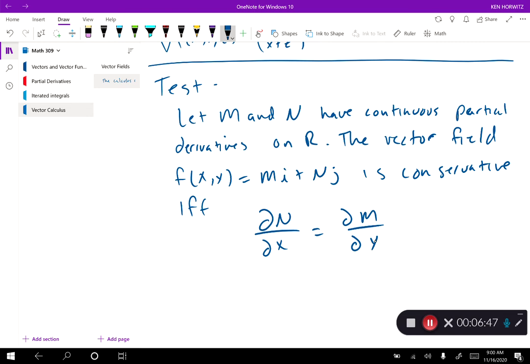So if I gave you a vector field, this is how you would tell me if it was conservative.